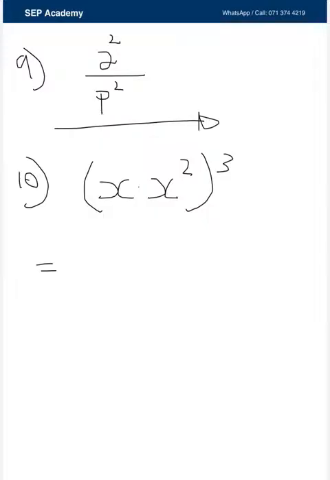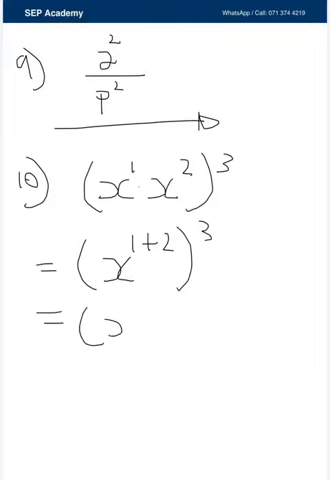So those bases inside the brackets, are they the same? Yes, they are the same. If they are the same, then what you can do is add their exponents. You have an invisible 1 there, you were not given it, but you know it is there if nothing is written. So you just write one base, then you have that invisible 1 that you add to 2. Everything else, you leave it as it is.